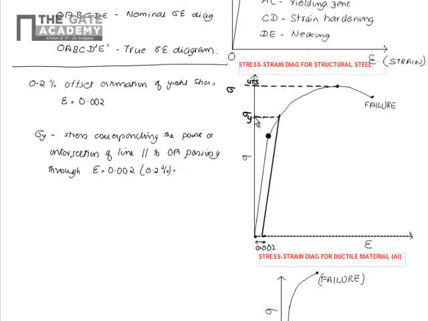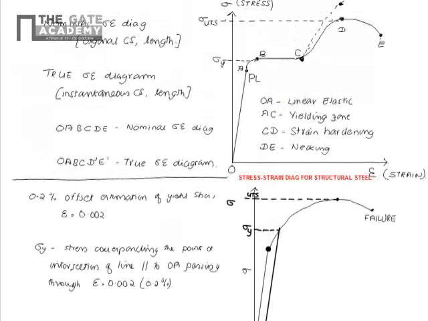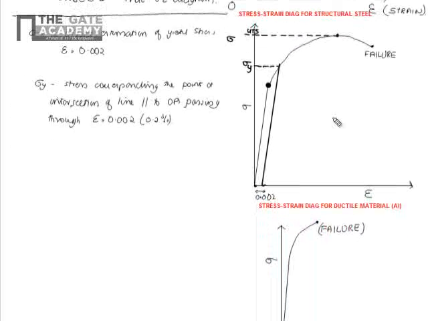This stress value is called the yield strength of the material for ductile materials like aluminium. Whereas for materials like structural steel, we have seen that there is a well-defined yield strength, the stress corresponding to point B. And in ductile materials, we have now seen how to find the yield strength by using the 0.2% offset estimation.